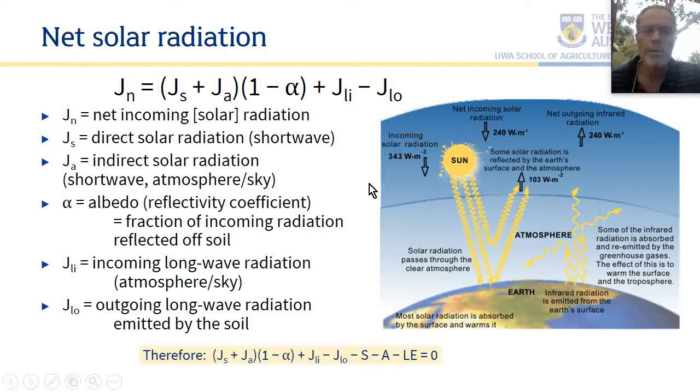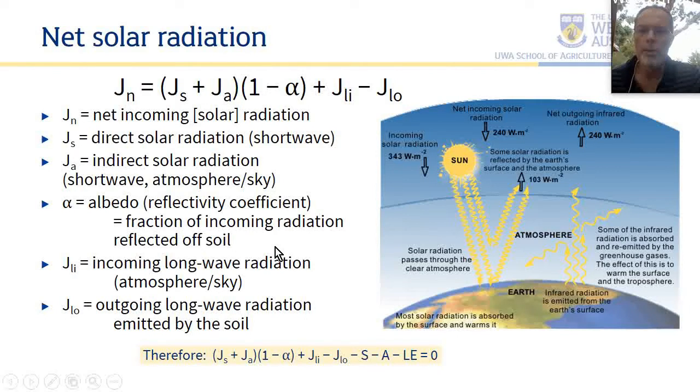So, that depends on the nature of the surface. For example, ice and snow is very reflective, and some types of clouds are very reflective, so they bounce the radiation back. But some surfaces, for example, darker or wetter surfaces, actually absorb a lot of the incoming radiation and have a low albedo, right? So that factor is really important.